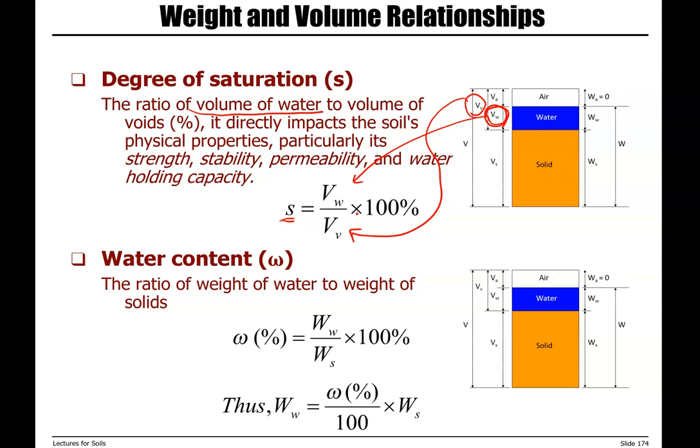The voids between solid particles, what percentage of that void is filled with water? That is degree of saturation. So it's the ratio of volume of water divided by volume of voids. It has an impact on soil physical properties, strength, stability, permeability, and water holding capacity.